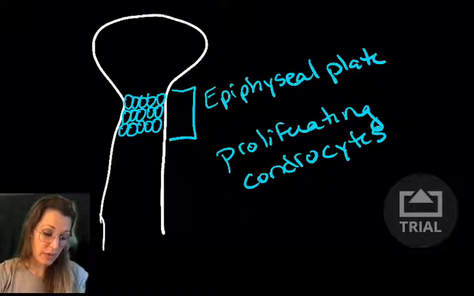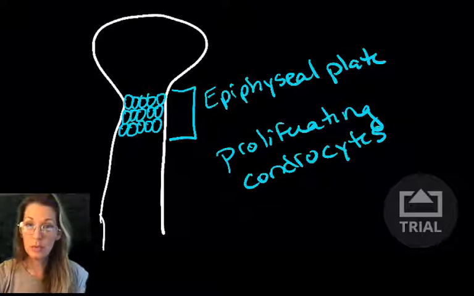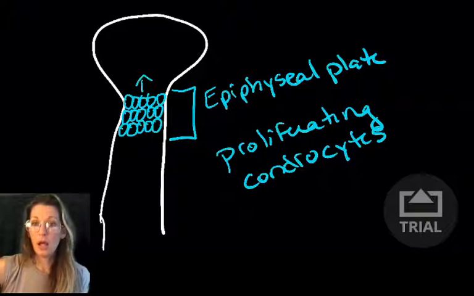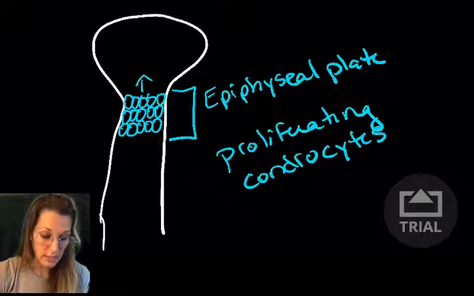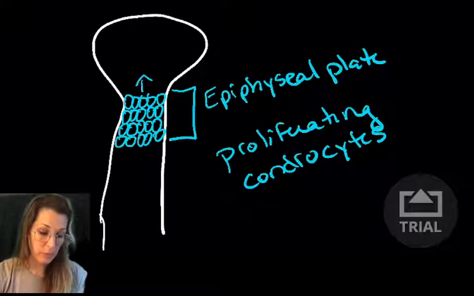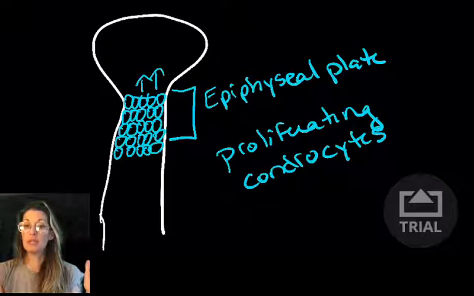And as they do that, let's say that this bottom layer makes a new layer. That's going to push these upper layers up and away, and that's going to make this plate bigger. Same thing, we make more, push up and away more, make this plate bigger, and that causes the bones to get longer.